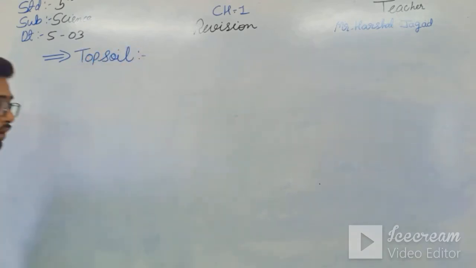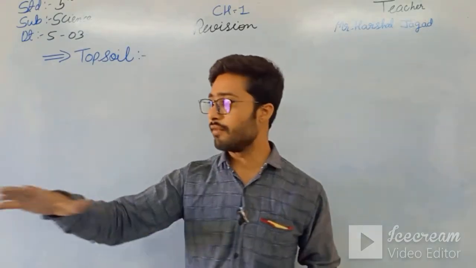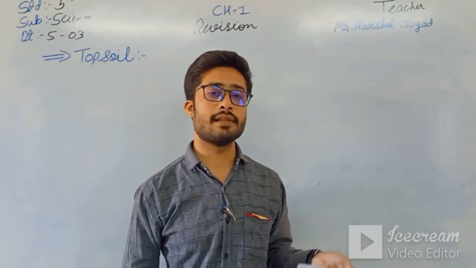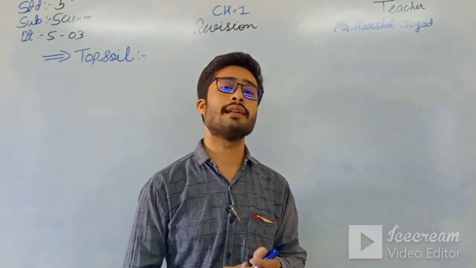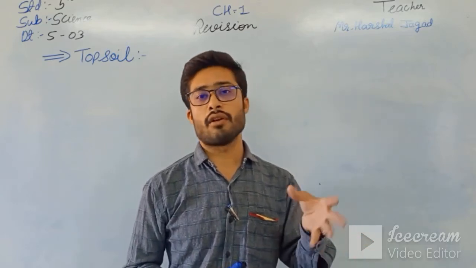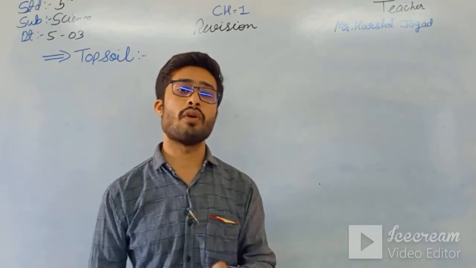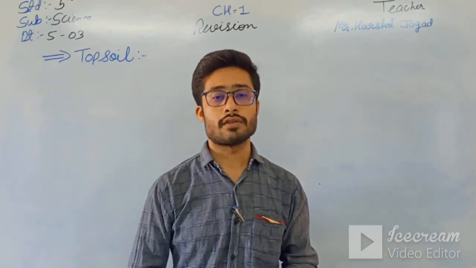What is topsoil? The soil which we can see with our naked eye, which is on the top of the surface, is known as the topsoil. There is a danger to the topsoil that it can erode. When there is soil erosion, all the topsoil moves away.